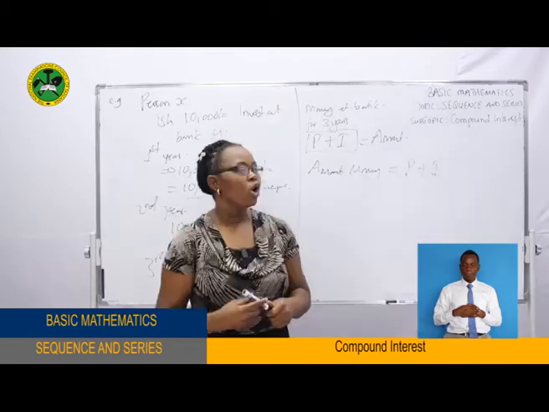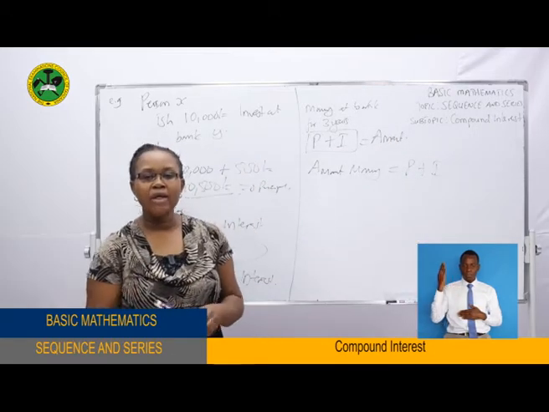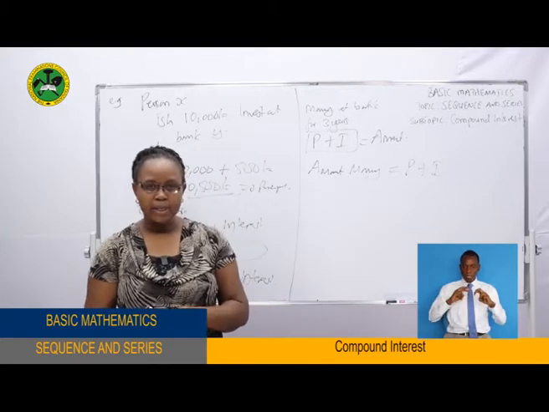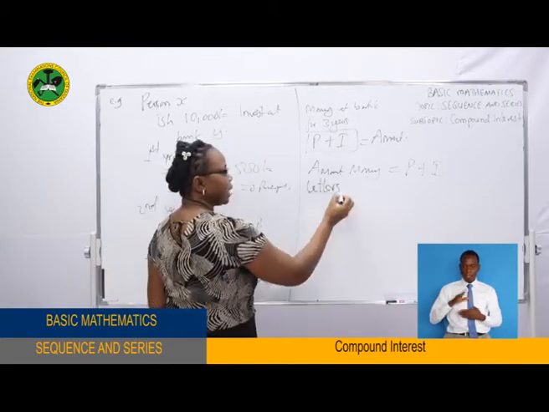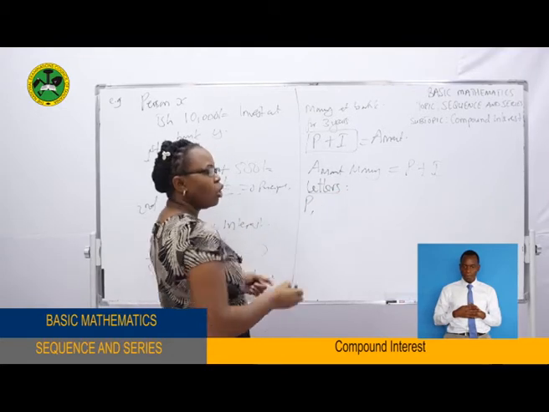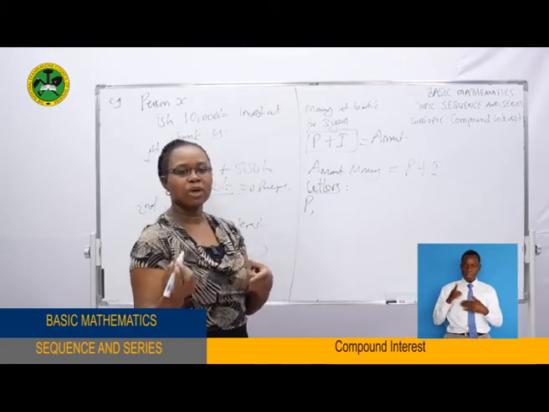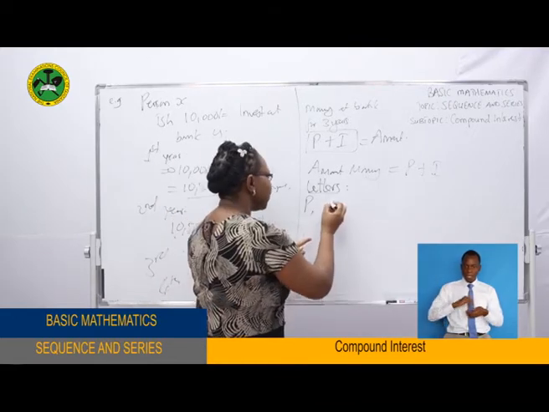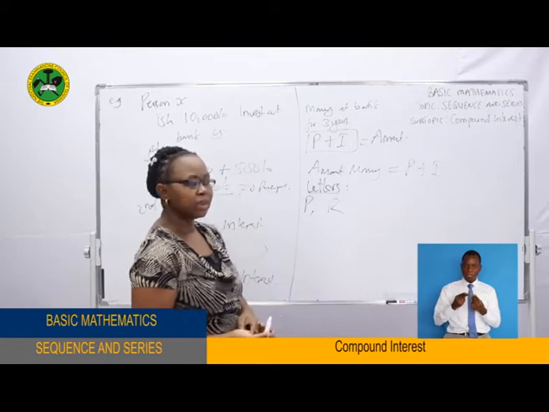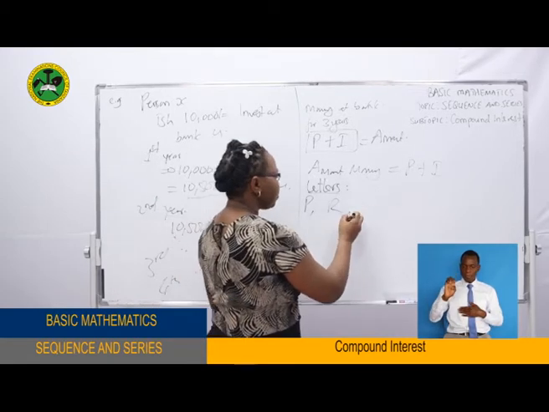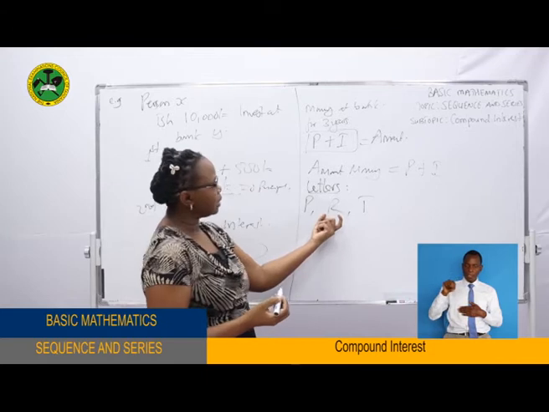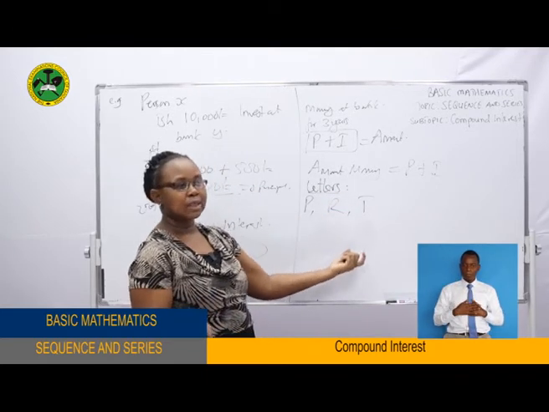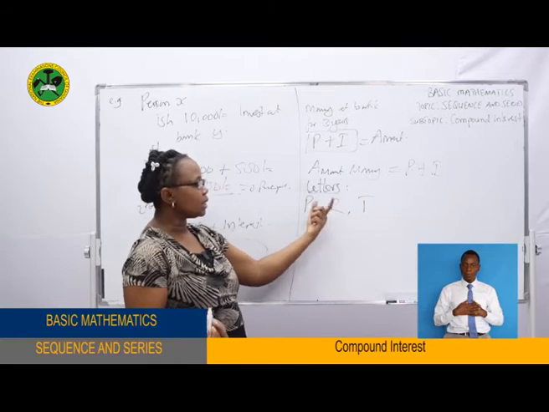These letters enable us to find the formula for calculating the compound interest. Letter P is the principal, as we have seen. Then we have the rate of interest per year, which is R. This is the rate of interest, maybe 5% per year. We have the number of times this interest is given, that is the time.